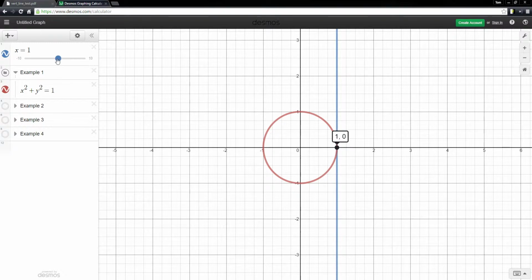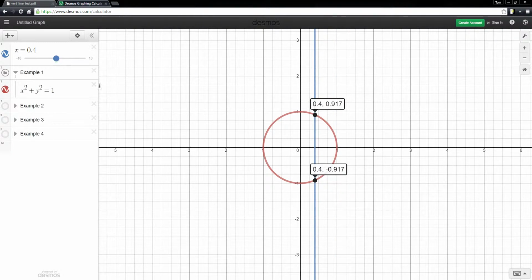But the minute I move it anywhere over here to the left, I'm going to get 2 intersection points of the vertical line. So right there, that tells you that the graph here does not pass the vertical line test. So in other words, this equation does not represent y as a function of x.